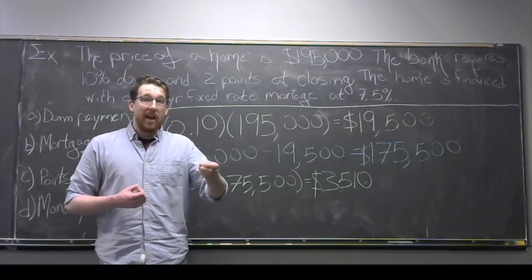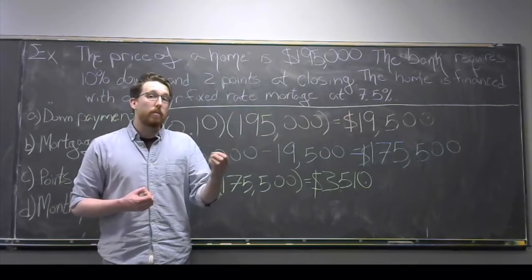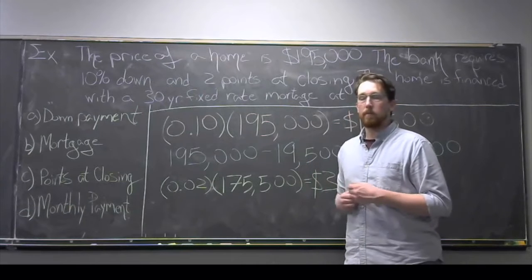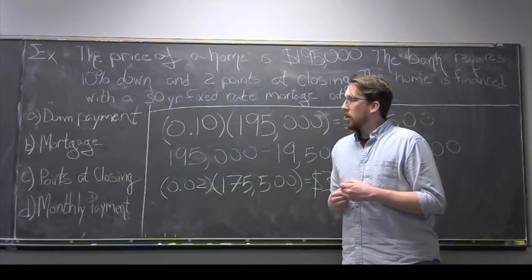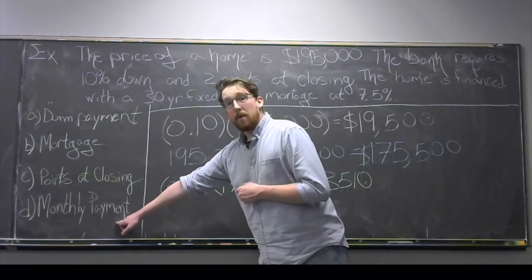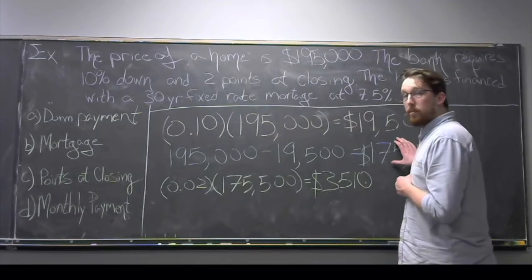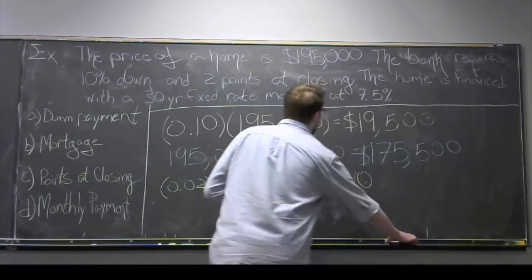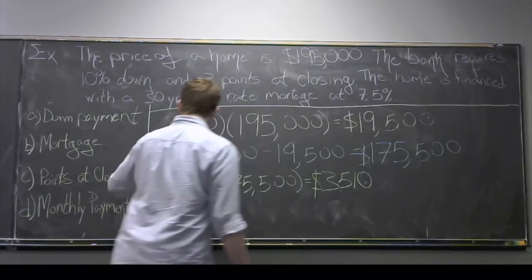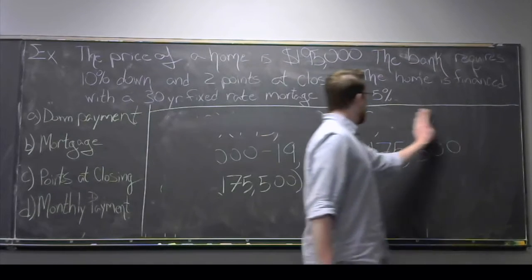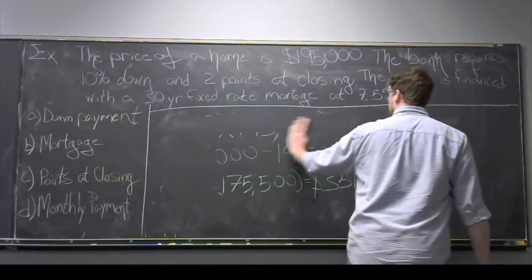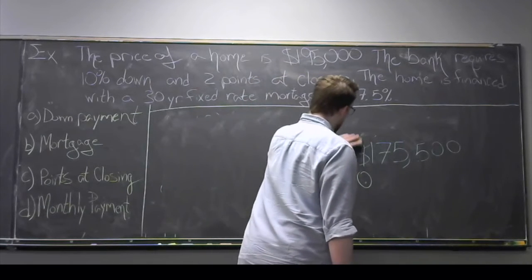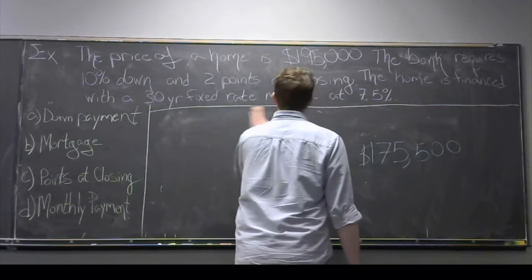Having said that, the monthly payment on just the loan itself is what we're going to calculate here, given our interest rate. So I'm going to erase all of this now, except for this.